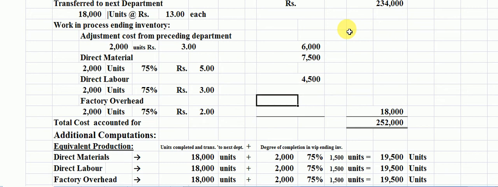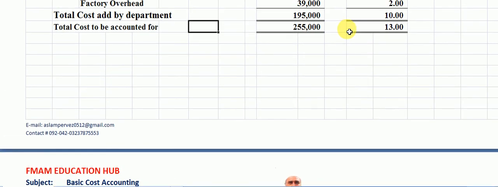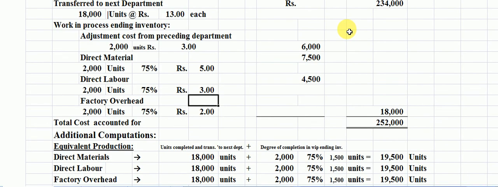Now students, we have to multiply for factory overhead cost here.